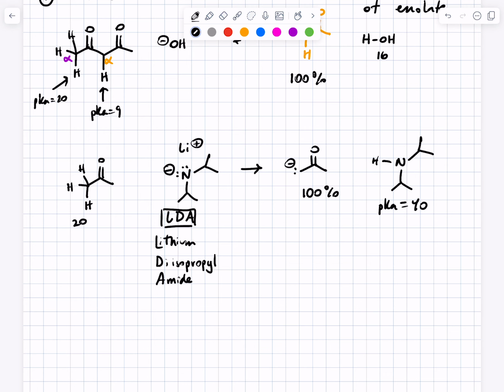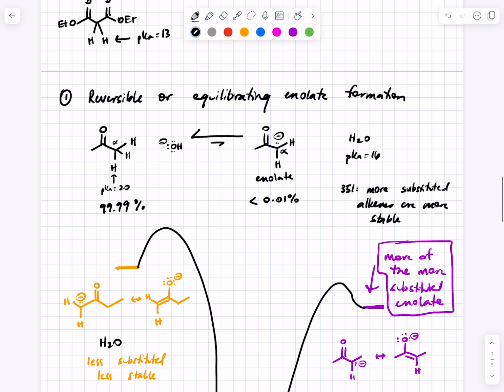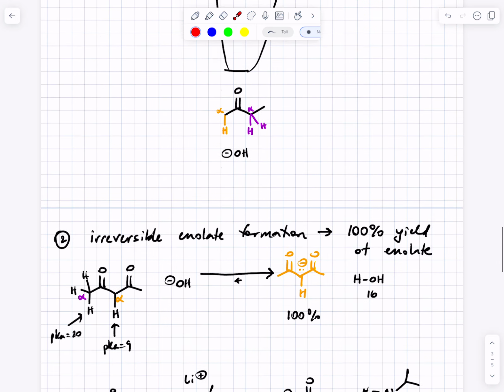Okay? Now, why would you ever make a partial amount of enolate? Well, LDA is kind of expensive, and it's so basic that you can't use protic solvent. You got to use some of the same kinds of solvents that your text has used before for Grignard reagents or organolithium reagents. Whereas if I do reversible enolate formation, I've got hydroxide and water around anyway, so protic solvents are not a big deal. So there is an expense issue for why you would want to use LDA.